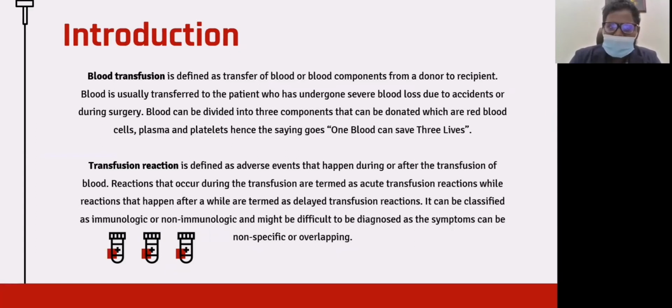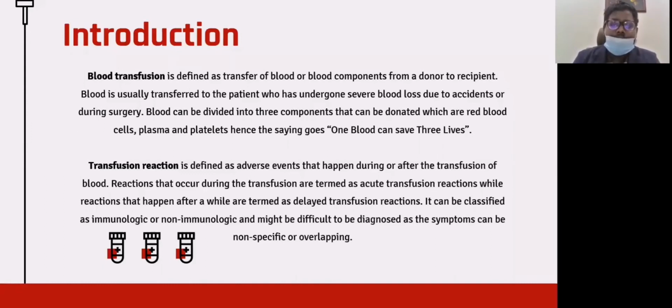As for the introduction for today, blood transfusion can be defined as the transfer of blood or blood components from a donor to a recipient. Blood is usually transferred to a patient who has undergone severe blood loss due to accidents or during surgery. Blood can be divided into 3 components, which are red blood cells, plasma, and platelets. Hence, the saying goes, one blood can save 3 lives.